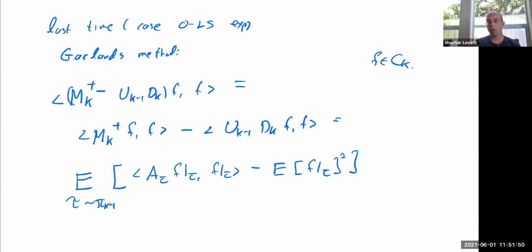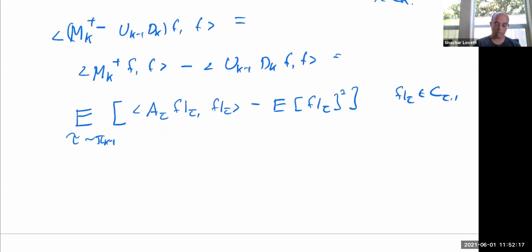So now f on tau is a function on the first level of the link of tau. And now A tau is the adjacency matrix of the graph, or the normalized one, underlying the link tau.